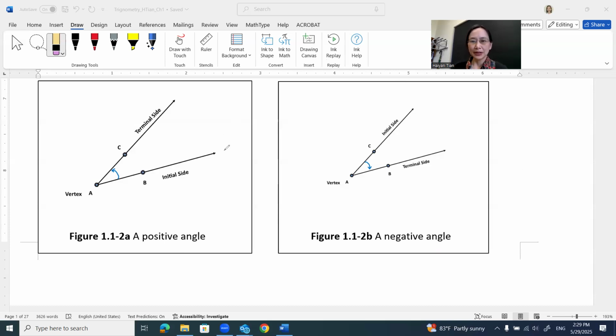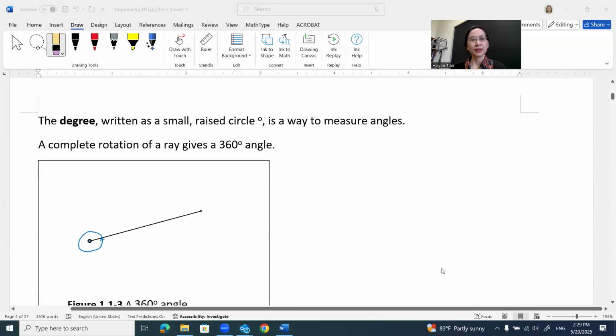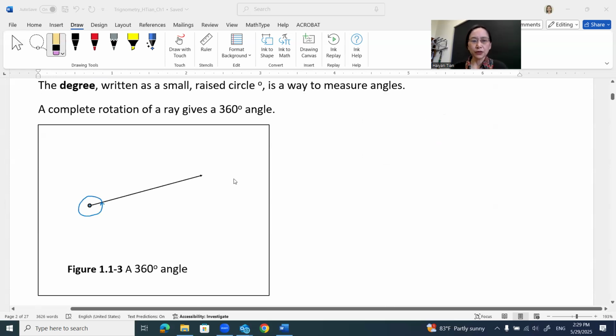Now, how do we measure? So we use degree measure. Now, a complete rotation.